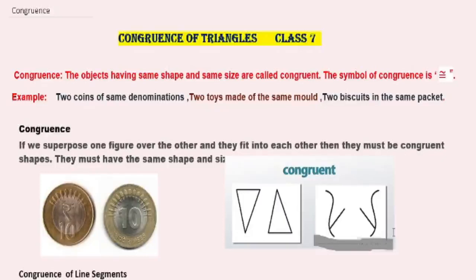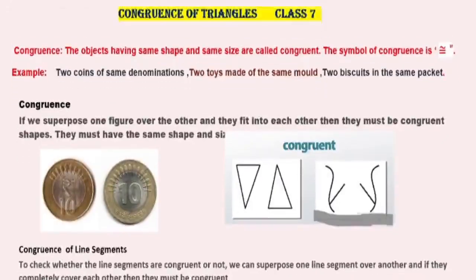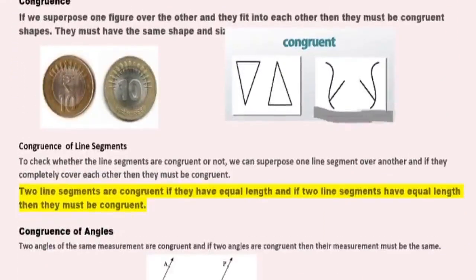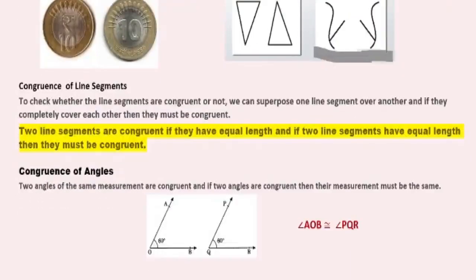Now you can see the congruence of plane figures. First one, congruence of line segment. To check whether the line segments are congruent or not, we can superpose one line segment over the other, and if they completely cover each other, then they must be congruent.